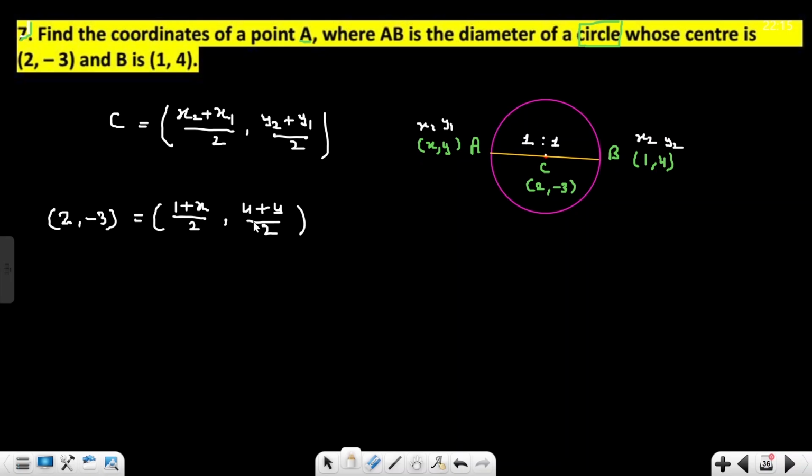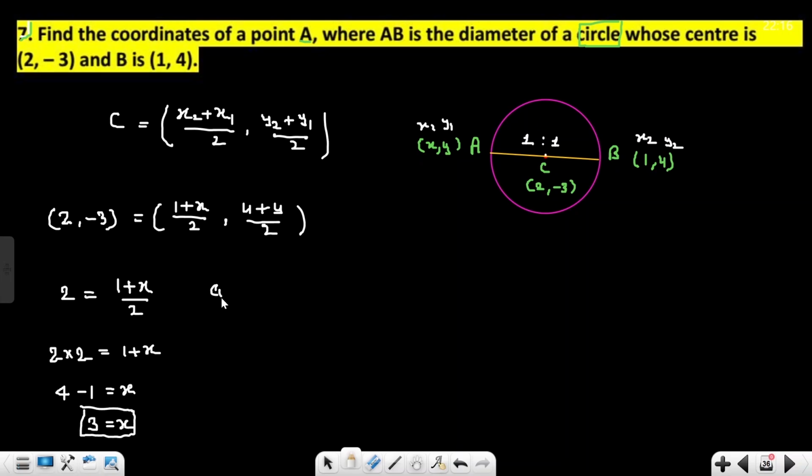If two coordinates are equal, the first coordinate equals the first coordinate. So (1 + x) divided by 2 equals 2. Change the denominator to the other side, multiply with 2: 2 into 2 is 4, which equals 1 + x. Change 1 to the other side: 4 minus 1 is 3. The value of x is 3.